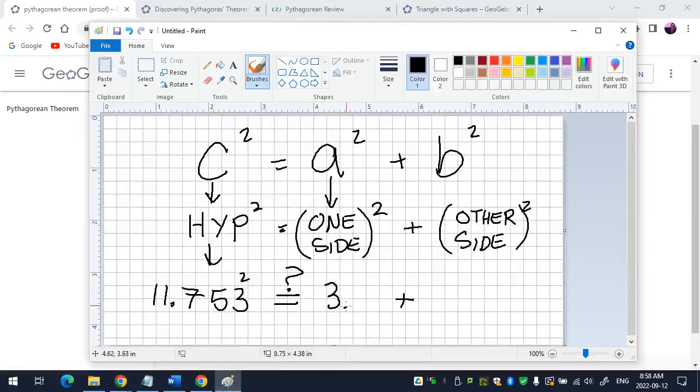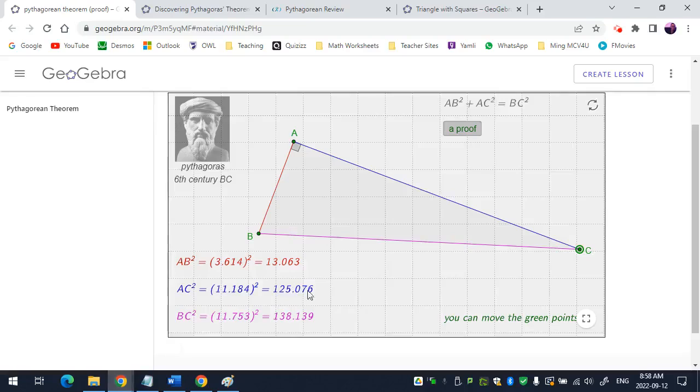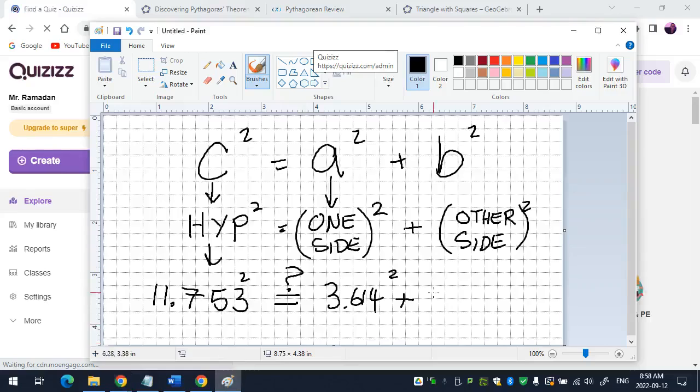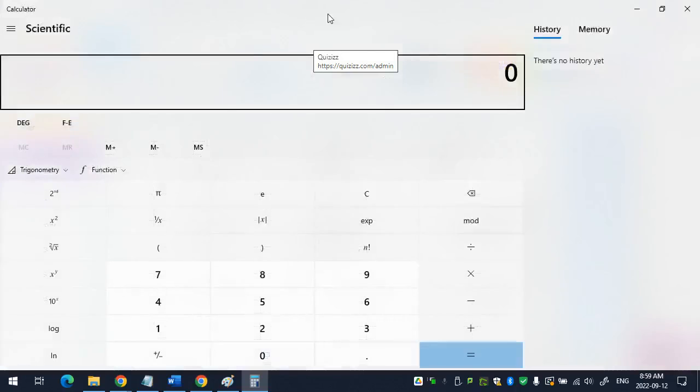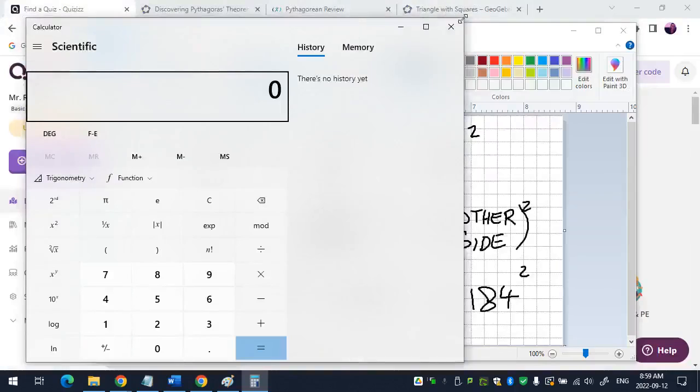All right, 3.614. Don't forget the square. And the other one is 11.184. Oops, my bad. 11.184. Okay, let's check. I'll do it right now. Here's my trusty machine.